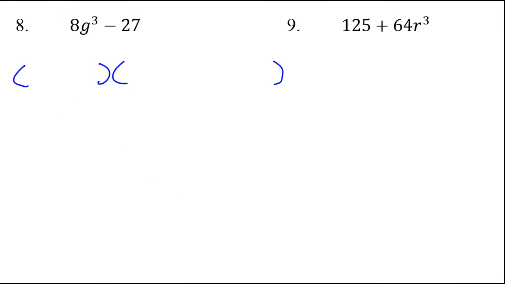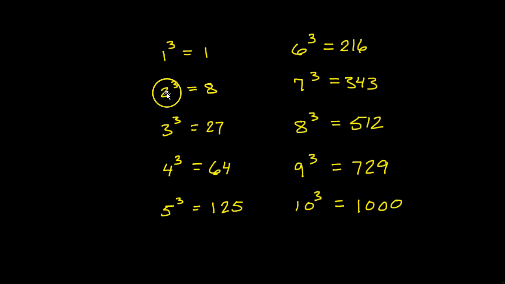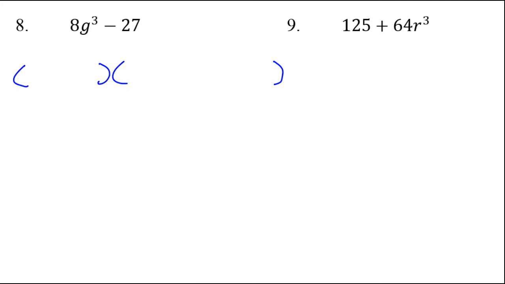Remember the 8 and the 27? Well, 8 is 2 cubed, and the cube root of 27 is 3. Remember that. So when I write my binomial, I'm going to have 2g minus 3. It's just the cube root of each of these. Now, in the next set of parentheses, I will have my trinomial.